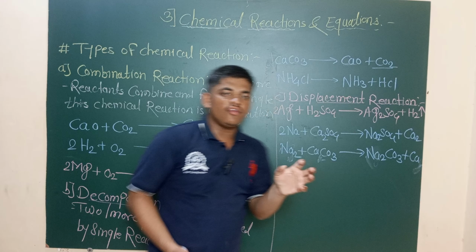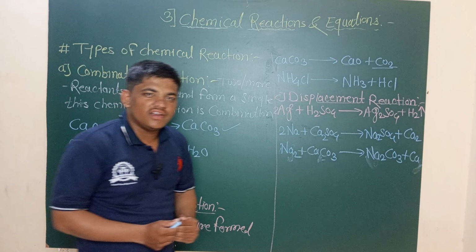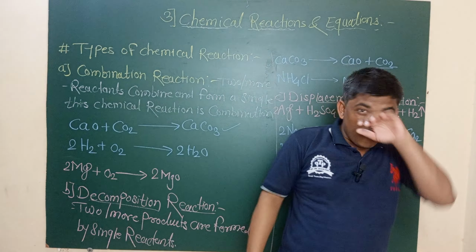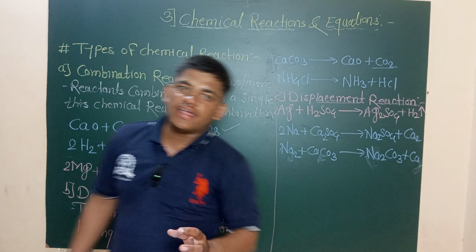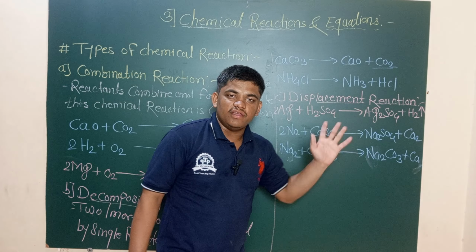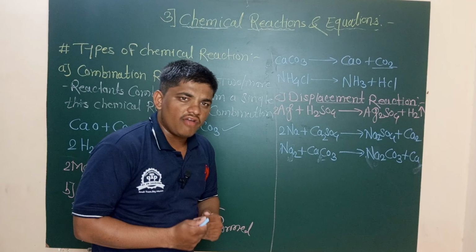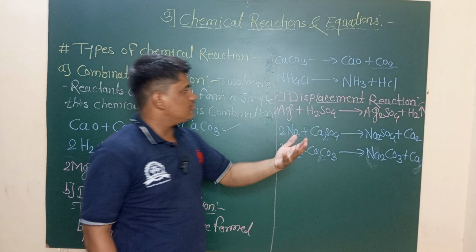In chemical reactions, the less reactive elements get displaced by the more reactive ions. This is called a displacement reaction.